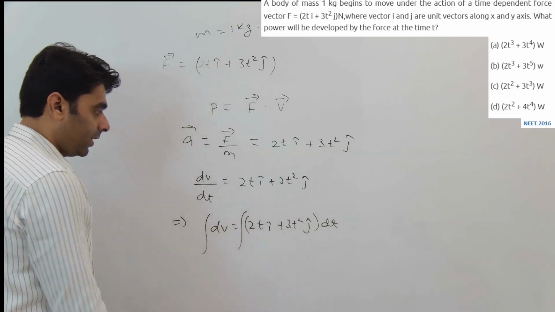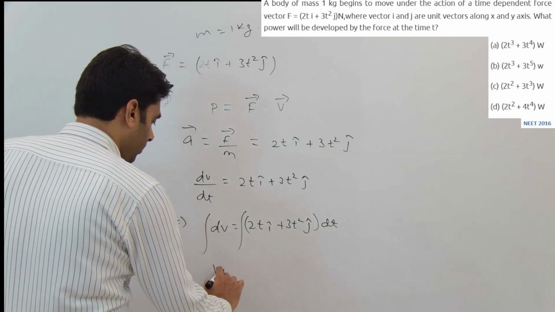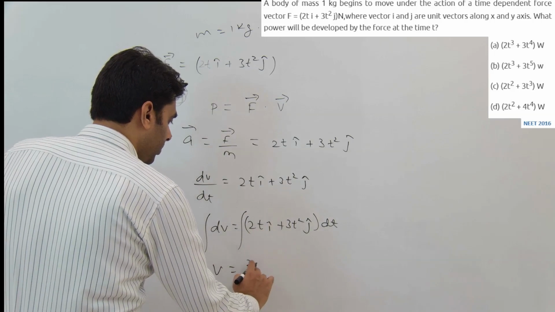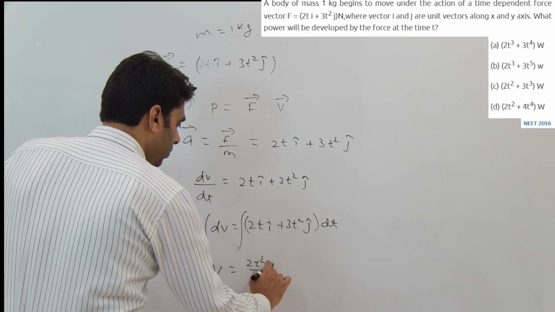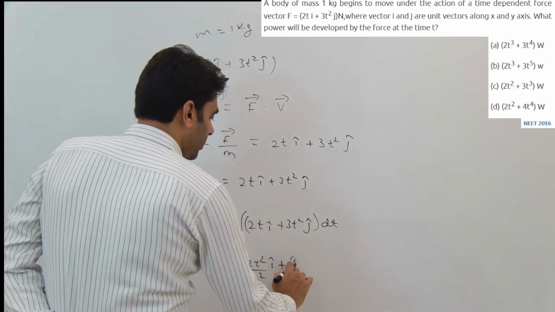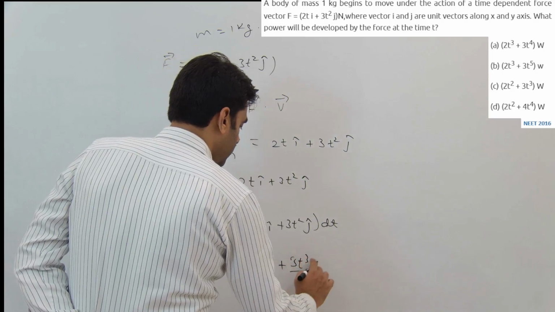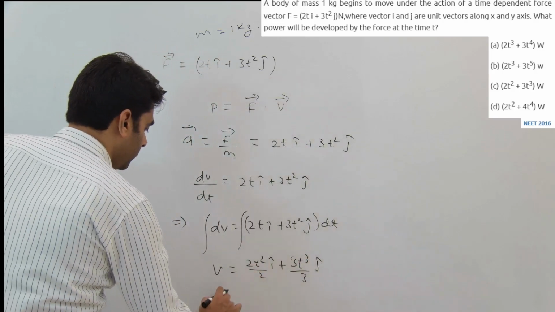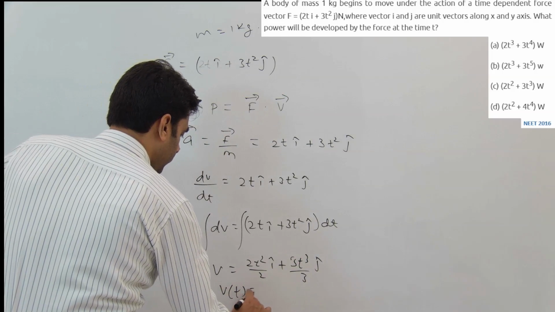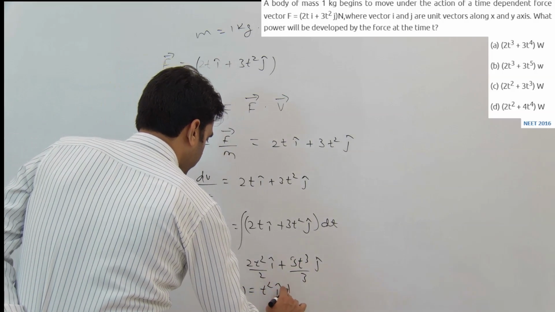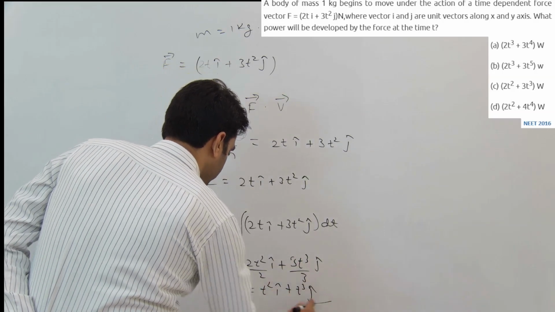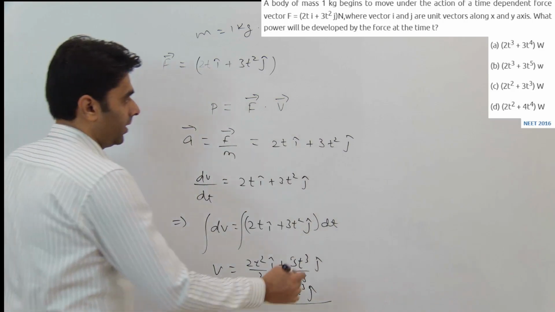Integration of this will be 2t square by 2 i cap plus 3t cube by 3 j cap, which gives velocity as a function of time t: t square i cap plus t cube j cap.